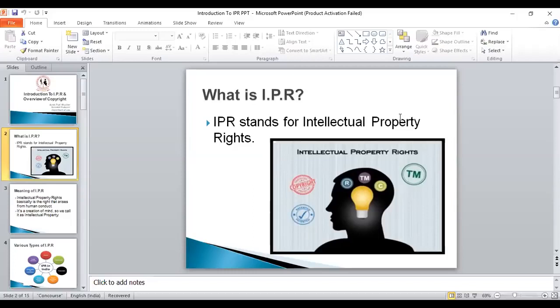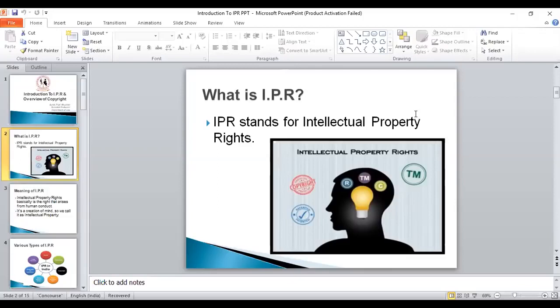Now we'll talk about what the types of property are. Property is generally of two types: movable or immovable property, and tangible or intangible property. Immovable properties are those that cannot be moved from one place to another, like your house. You can shift your residence by changing the location, but you cannot permanently move your house.